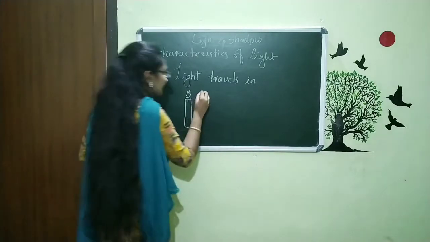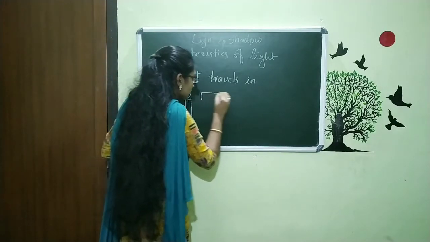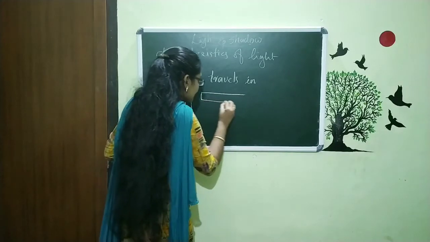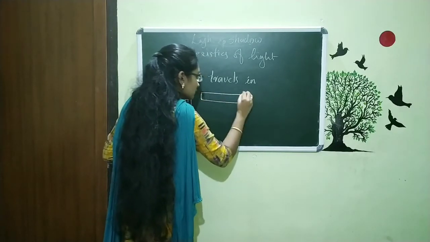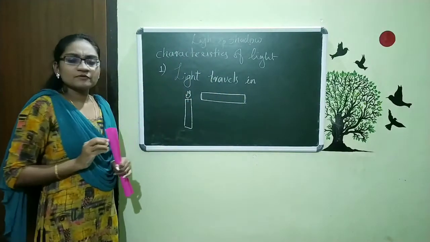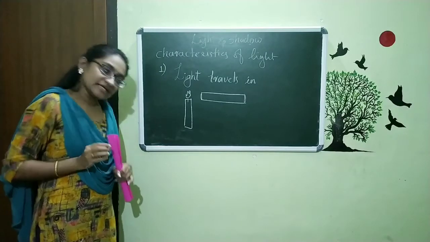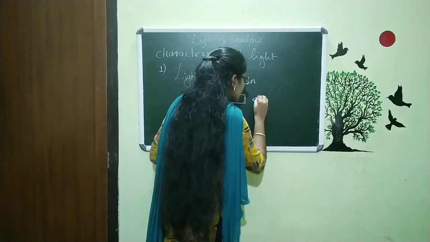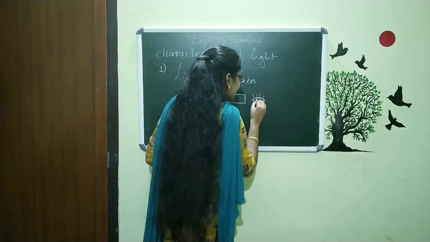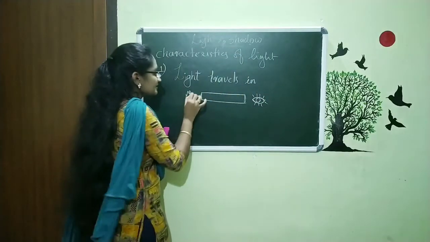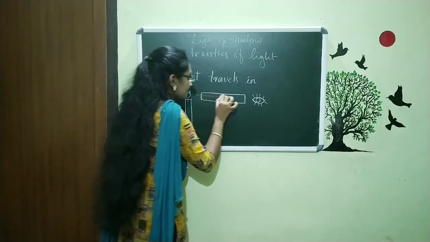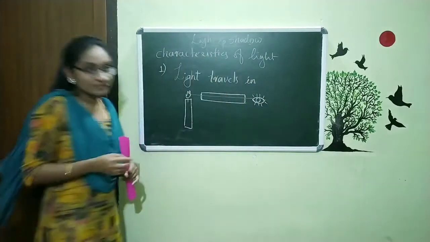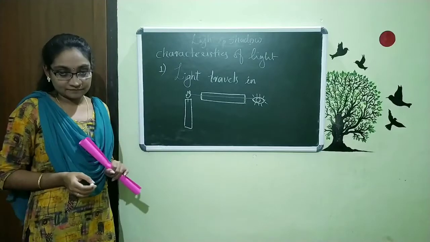Yes, of course, you can see. That means when I look through this tube from this side, we can see the light travels like this. And so we can see the light of this candle.